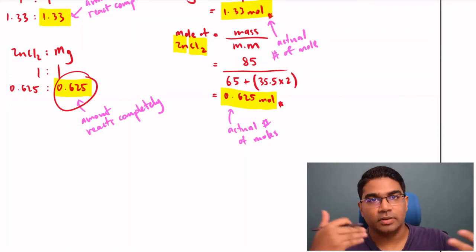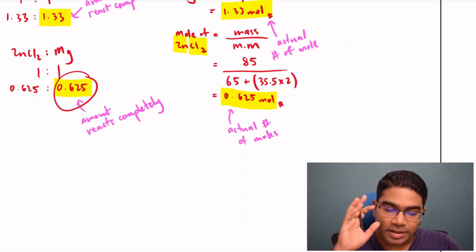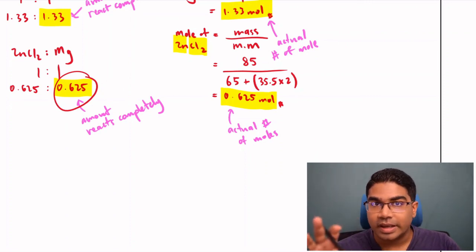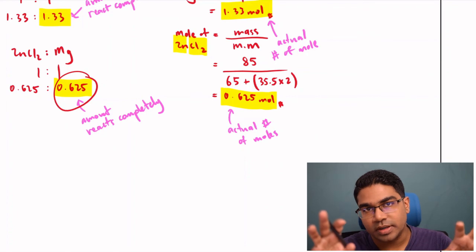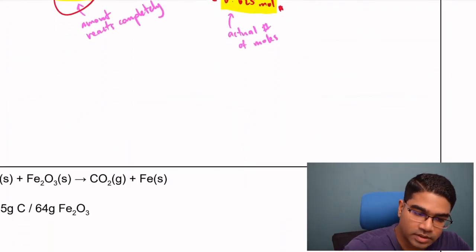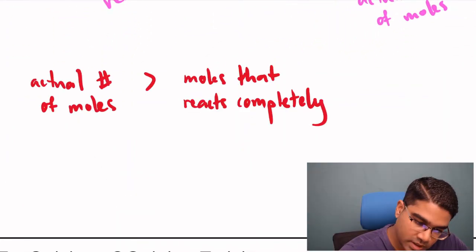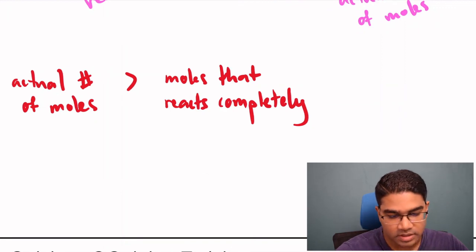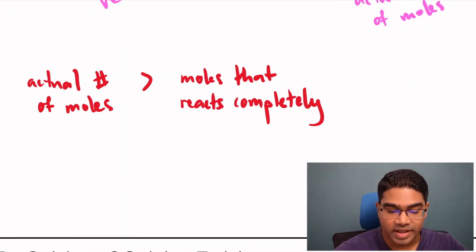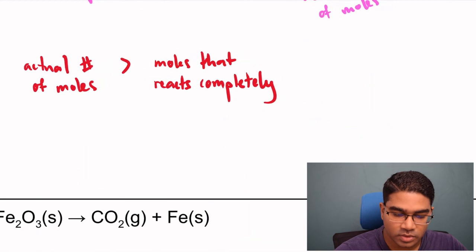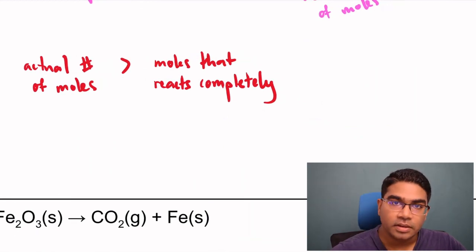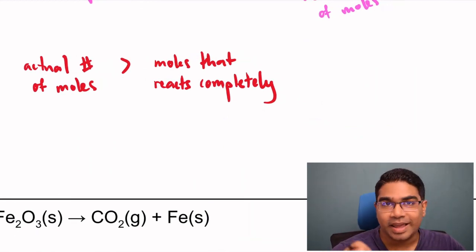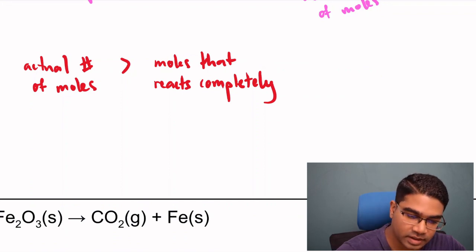So there are two ways that we can look at it. If you compare the actual number of moles present and the number of moles that would react completely, right? Let's make a general statement here. If the actual number of moles present, actually what is there, is more than the moles that reacts completely, then this reactant is in excess.